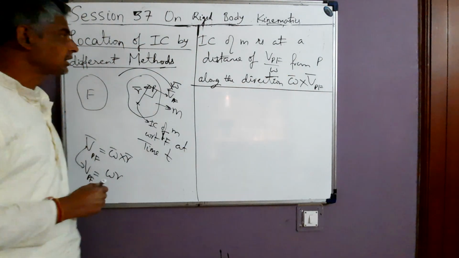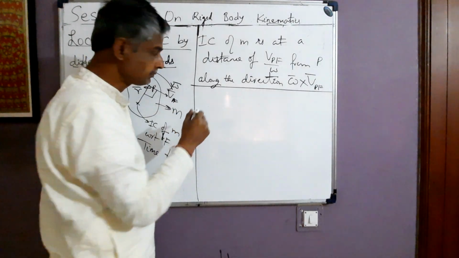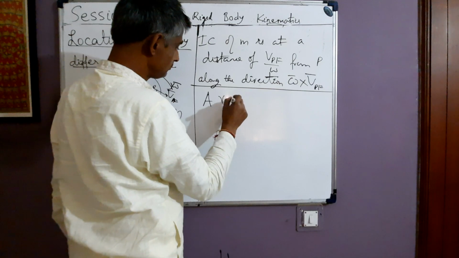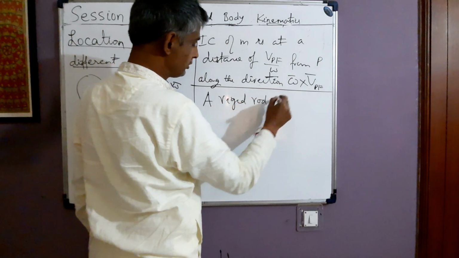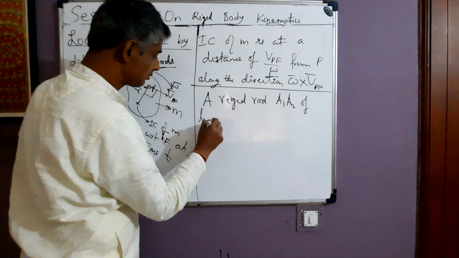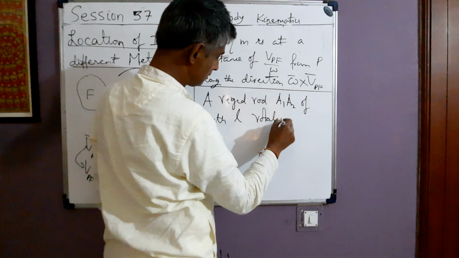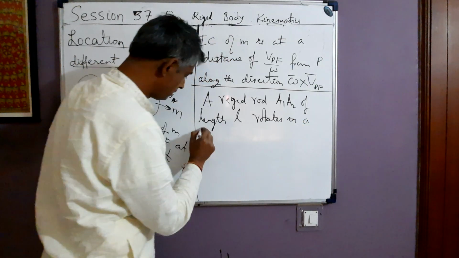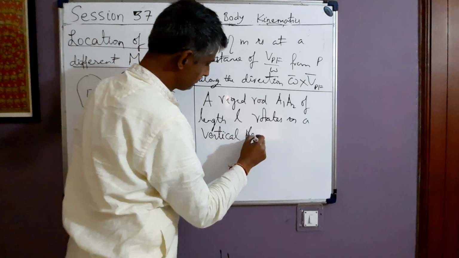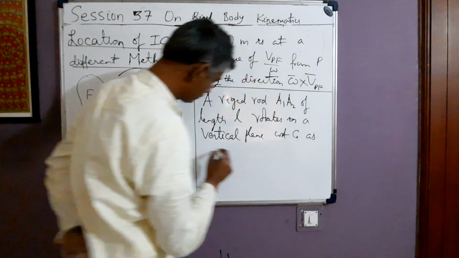So now I'll take up different methods. I'll write down the question. A rigid rod A1 A2 of length L rotates in a vertical plane with respect to ground as shown.